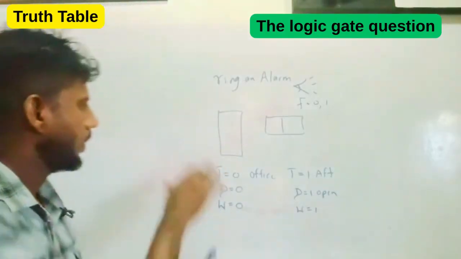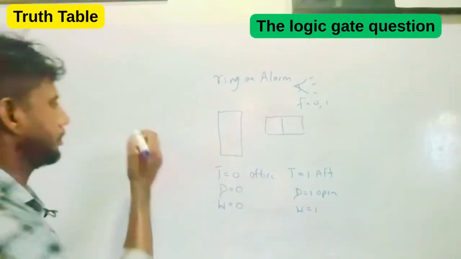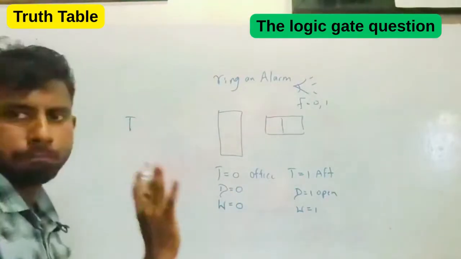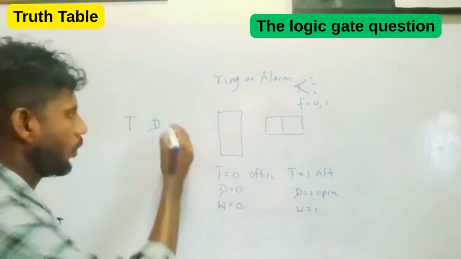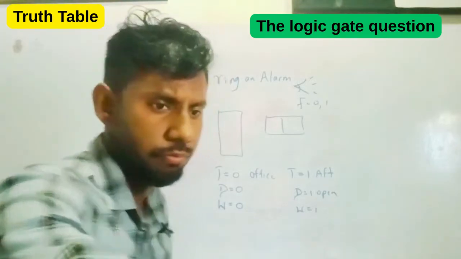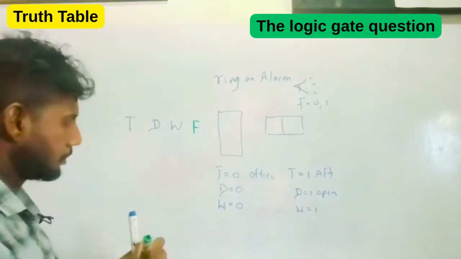These are the variables we have: first the office T, then D for door and W, and F, the final one, for the alarm, right?